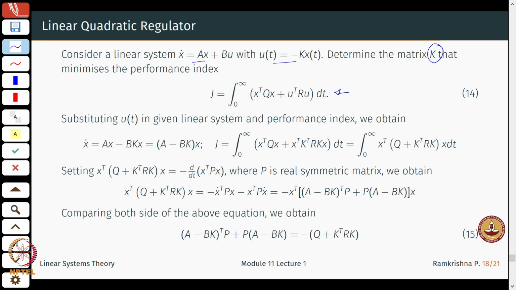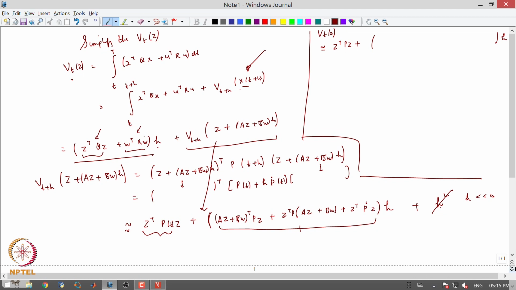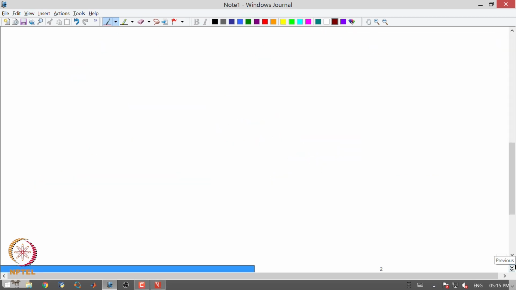Okay. Now, what do I know? Let us write down the steps here. What is given to me is again x dot is Ax plus Bu, and I want to find a control law u equal to minus Kx which minimizes the cost function defined from 0 to infinity of x transpose Qx plus u transpose Ru, times dt.